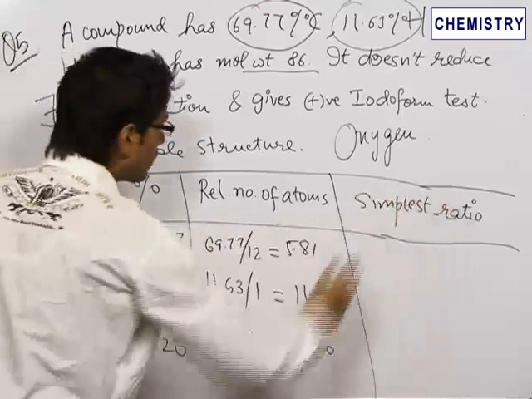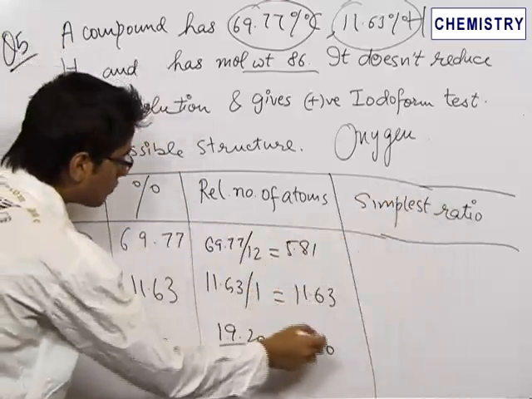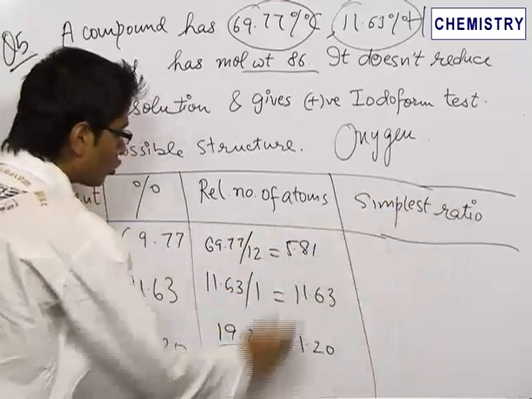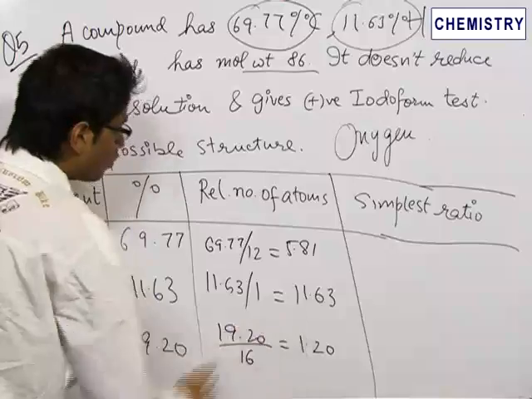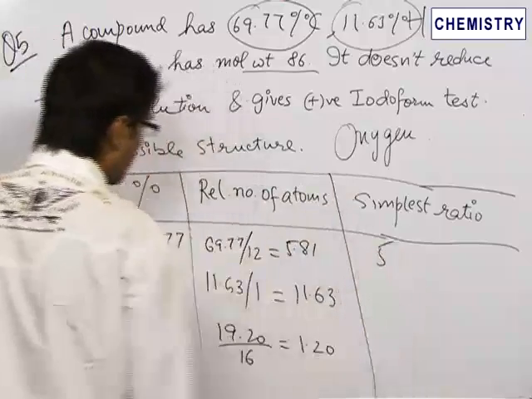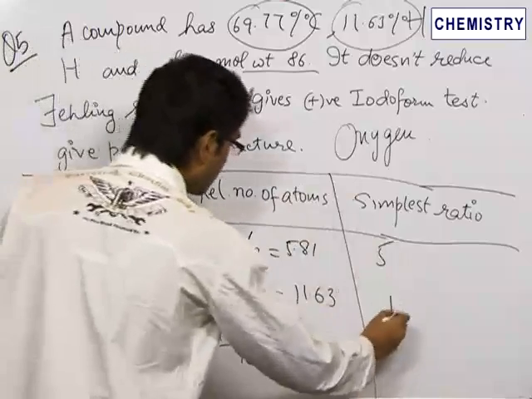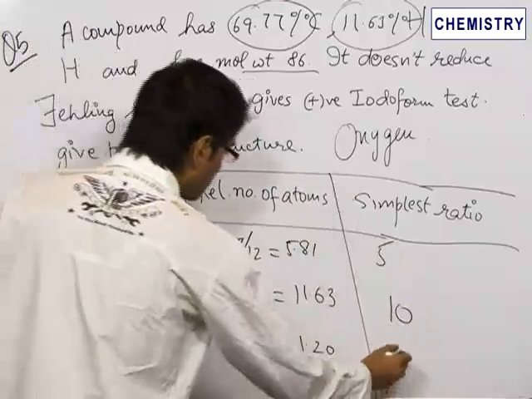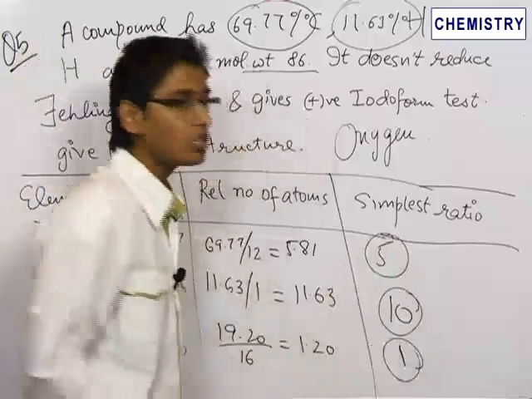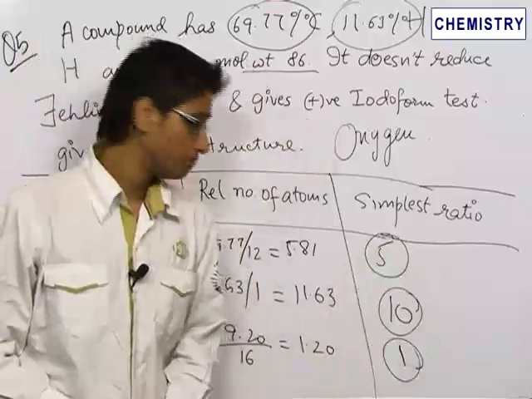The simplest ratio will be obtained by dividing each of these three by the smallest of the three. The smallest is 1.2, so dividing each of these three by 1.2, we'll get the simplest ratio of carbon as 5, of hydrogen as 10, and of oxygen as 1. We take these numbers as the closest integers which are present.